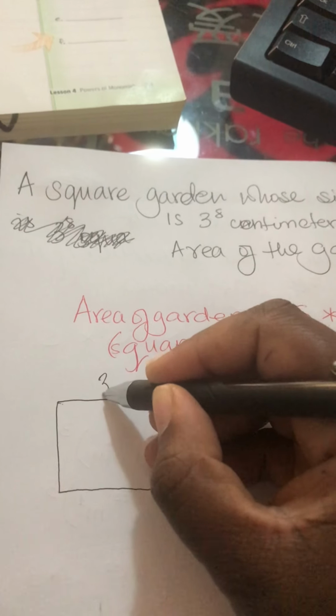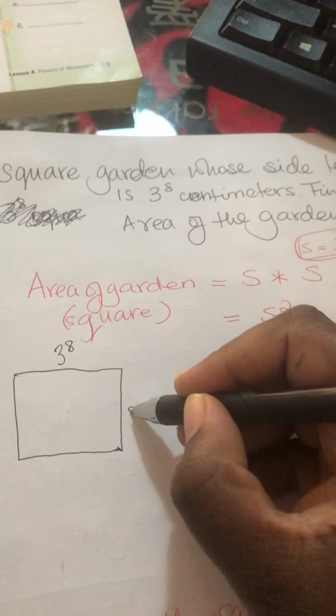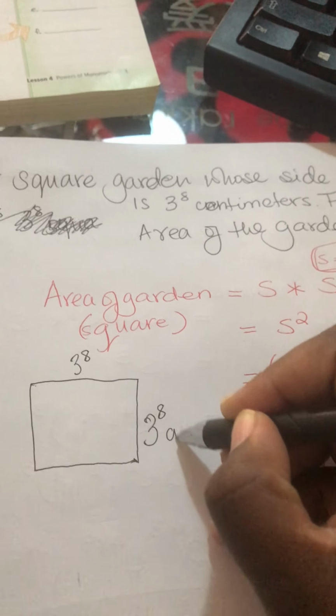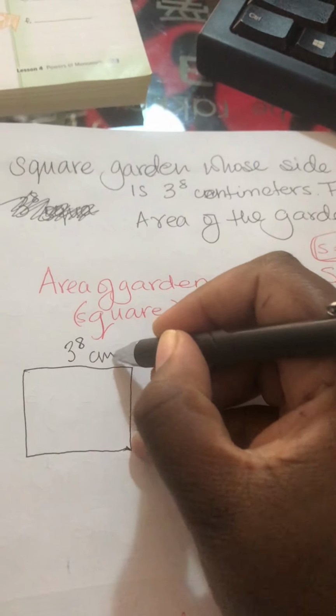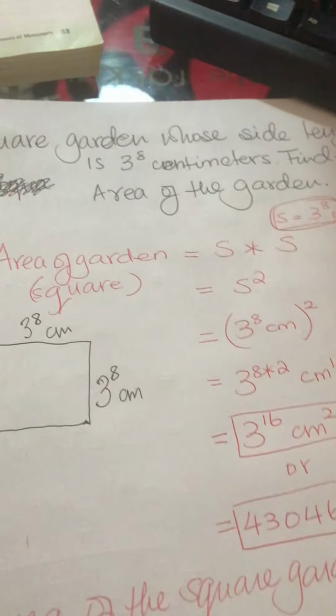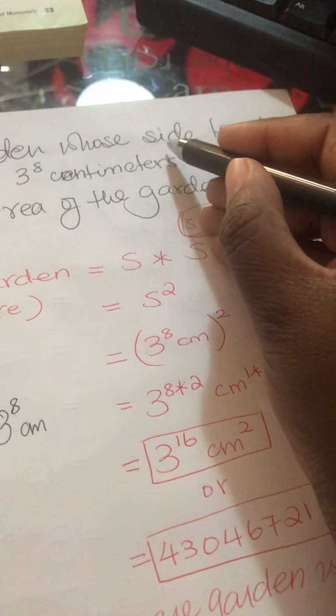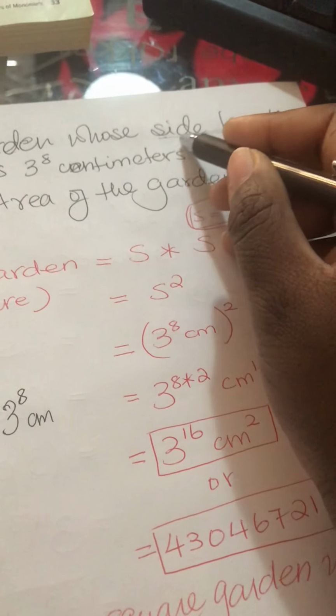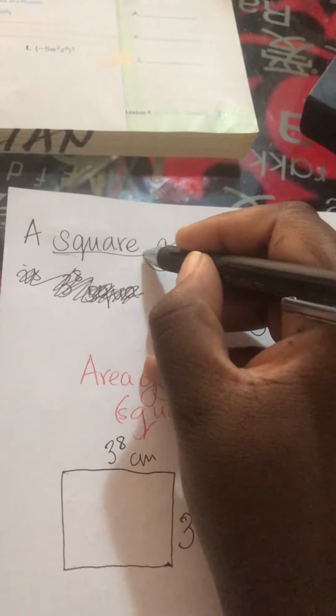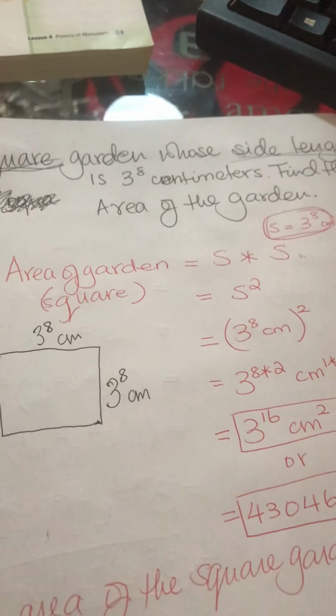You need 3 to the 8th power centimeter. How do I know it's centimeter? Because the question says there, centimeter. How do I know it is 3 to the 8th? Because it says the side length. Keyword, side length, square.